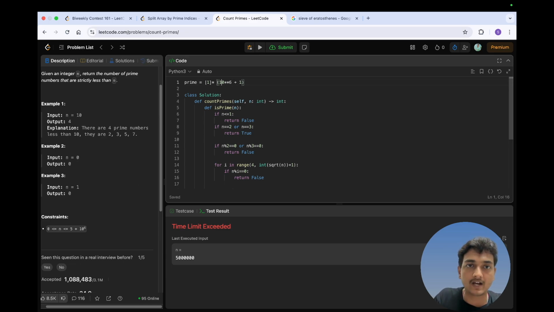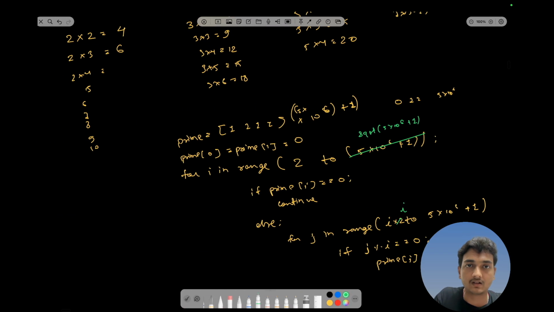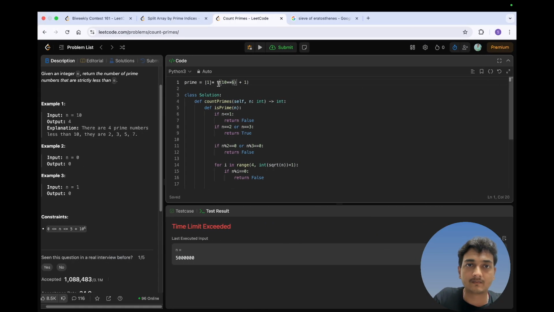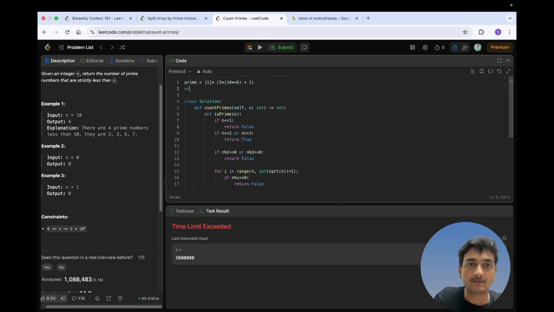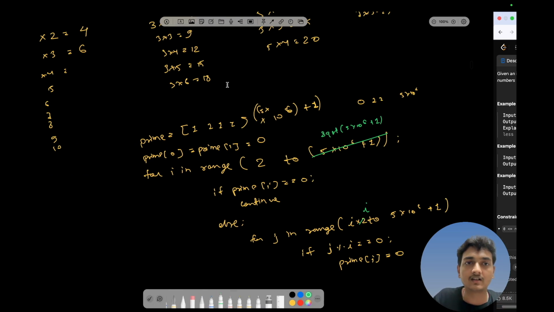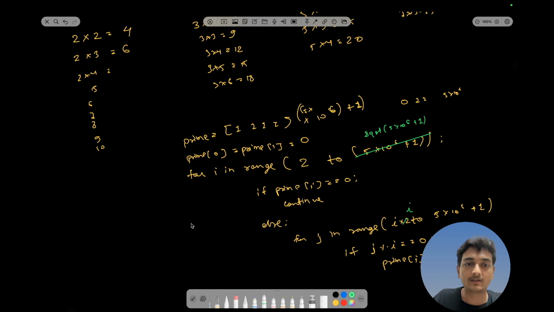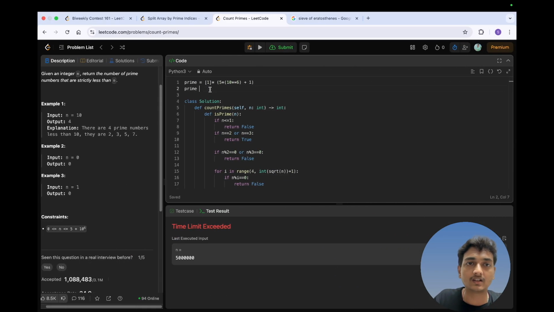And it should be 5 into 10 to the power 6 more specifically. Fine. So I know one thing for sure that we had done here: prime of 0 and prime of 1 is 0. So I will write the same thing here. Prime of 0 equal to prime of 1 equal to 0.